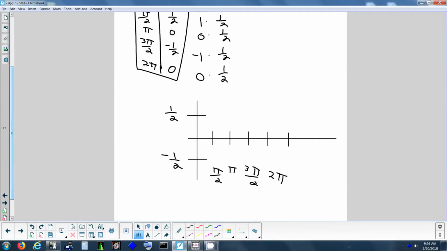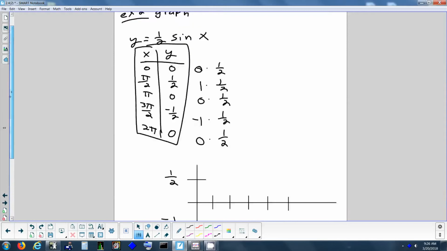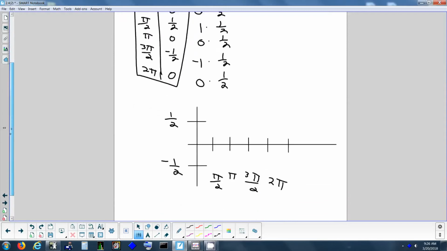You can scale it any way you want, as long as you're consistent, which in this case means it's symmetrical. 1/2, -1/2. All right, so we got 0, 0; pi over 2, 1/2; pi, 0; 3 pi over 2, -1/2; 2 pi, 0.